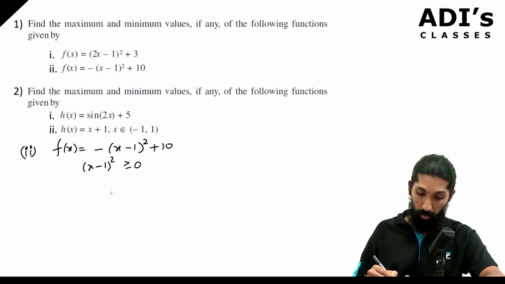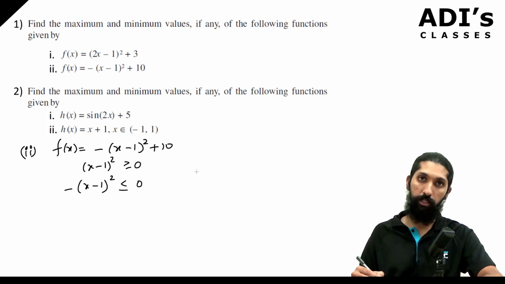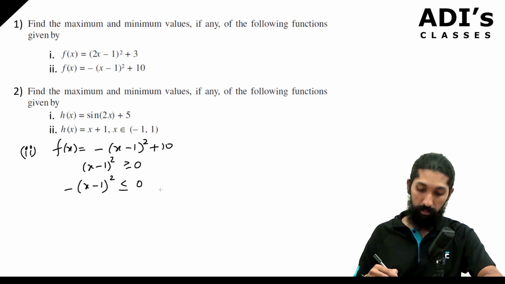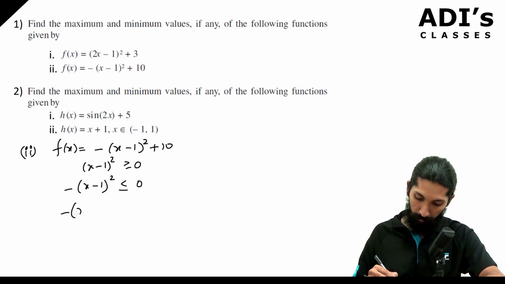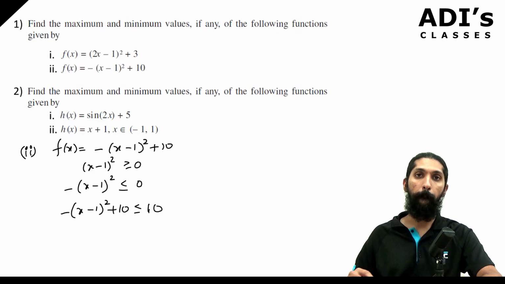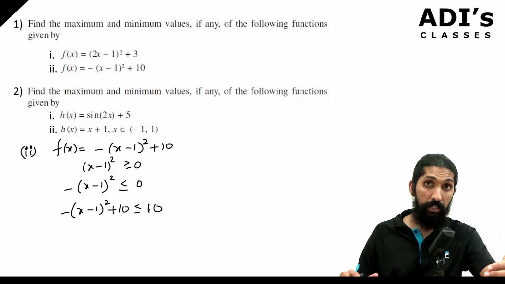So, -(x - 1)^2 is always less than or equal to 0. Correct. Add 10 on both the sides. So, -(x - 1)^2 + 10 is always less than or equal to 10.